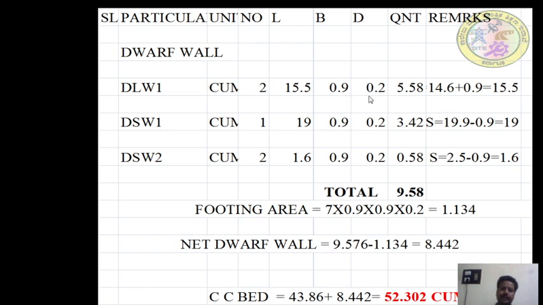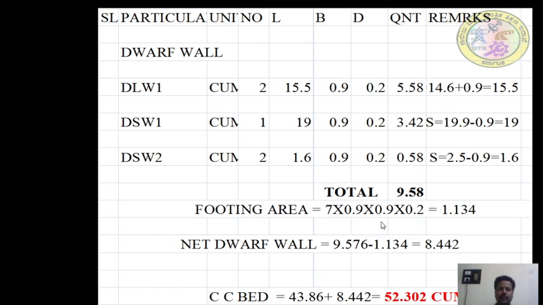With the thickness of the concrete, the quantity calculated is 9.58 cubic meter. For the footing, the area equals 7 into 0.9 into 0.9, so 1.134. So the total for the dwarf wall is 9.576 minus 1.134, which is 8.442.